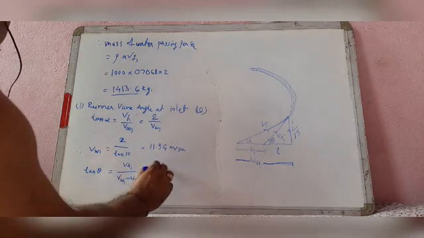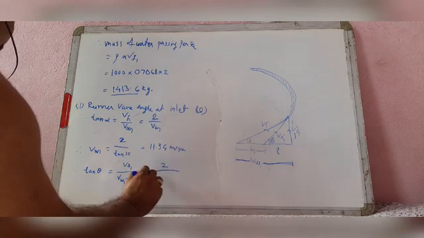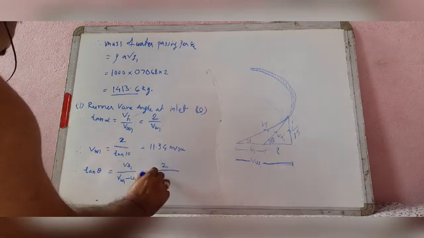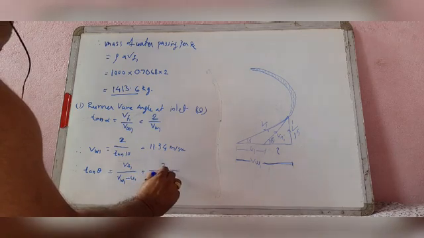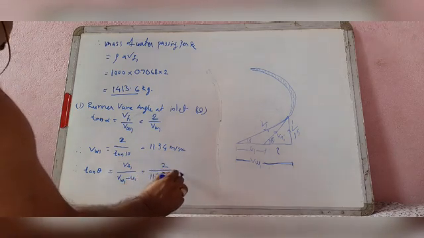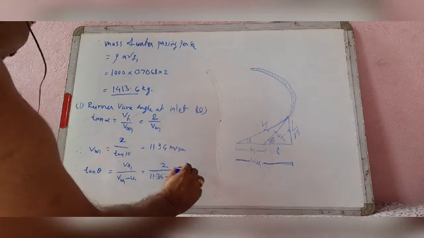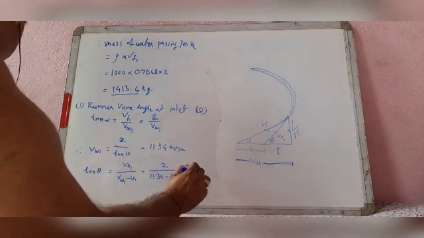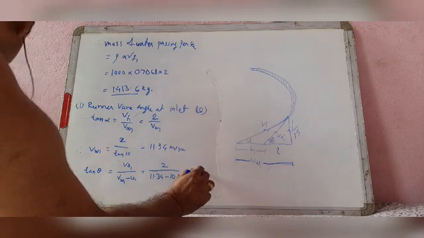So this is 2 by 11.34 minus 10.99 equal to 5.714.